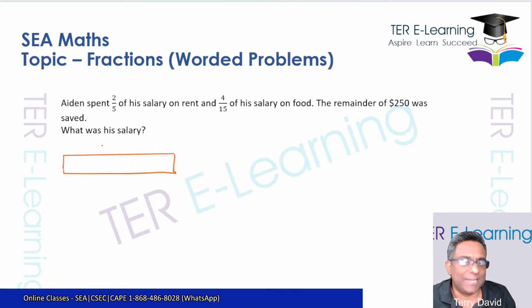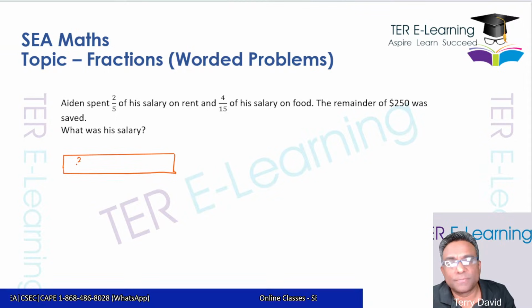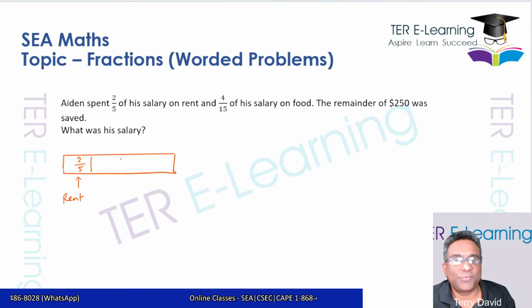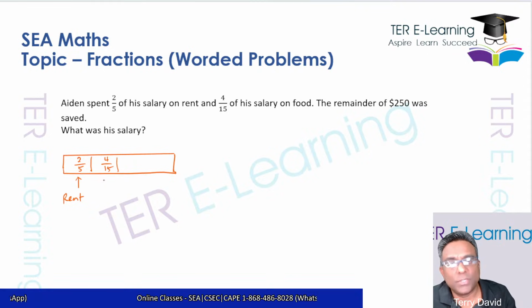All right, so let's say this box represents his whole, that's his salary here. Now 2/5 is spent on rent. 4/15 is spent on food, right?